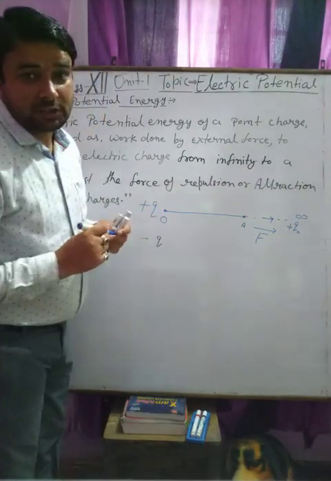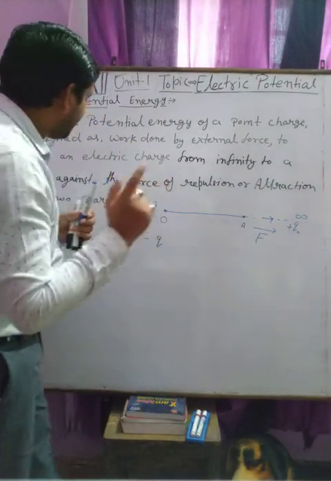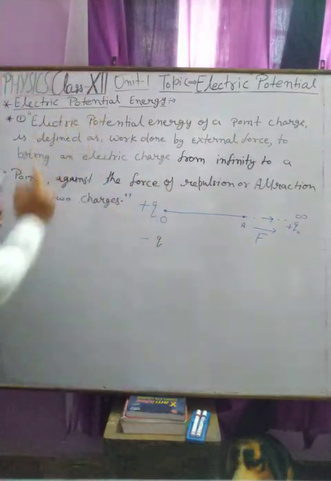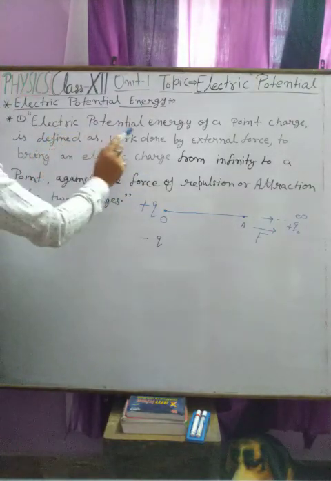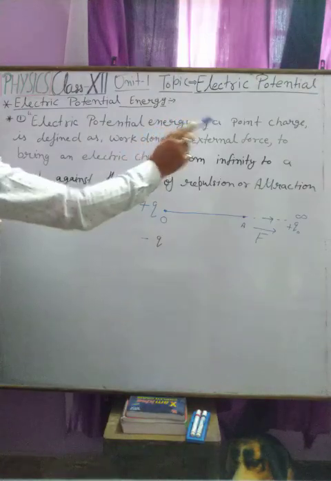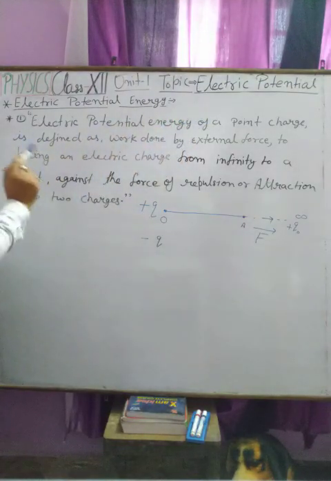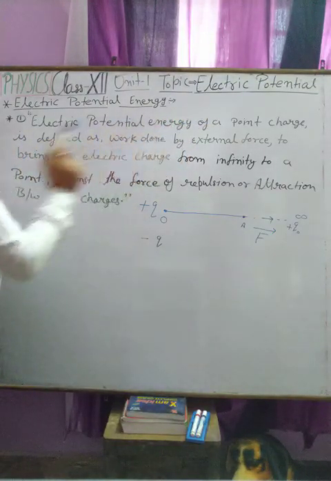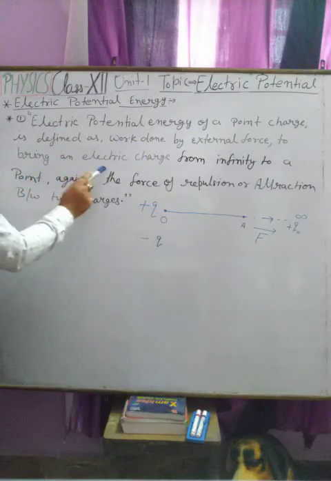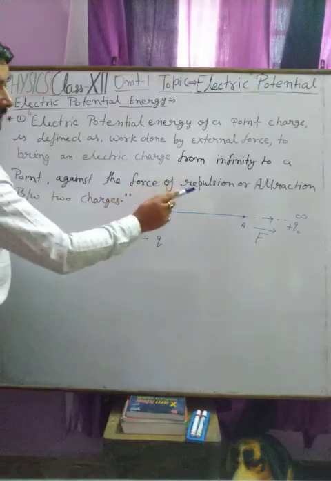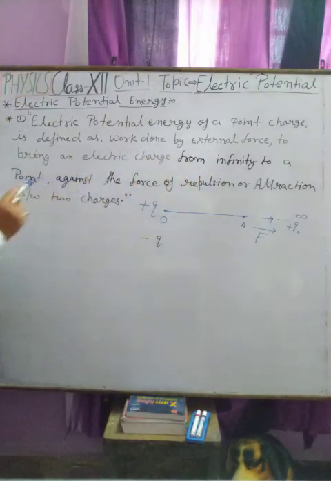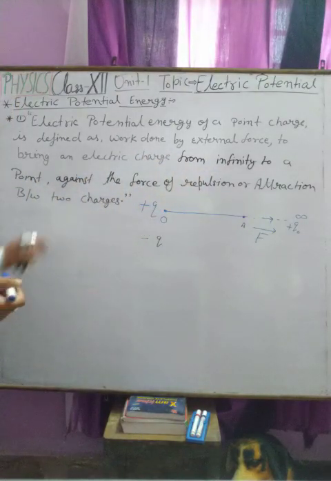So this stored work done is converted into electrical potential energy, and we define it: electric potential energy of a point charge is defined as work done by external force to bring an electric charge from infinity to a point against the force of repulsion or attraction between the two charges. Okay, this is the electrical potential energy.